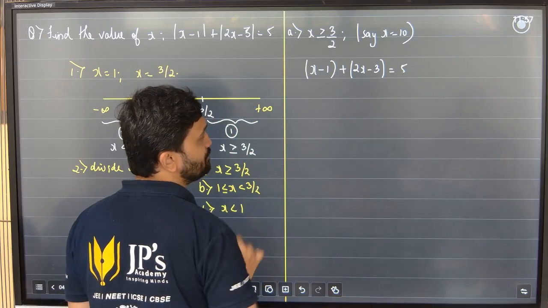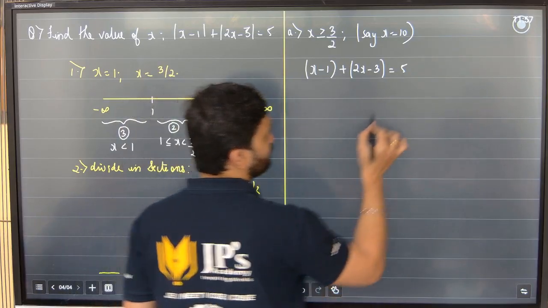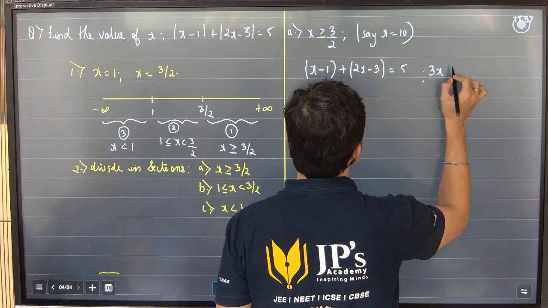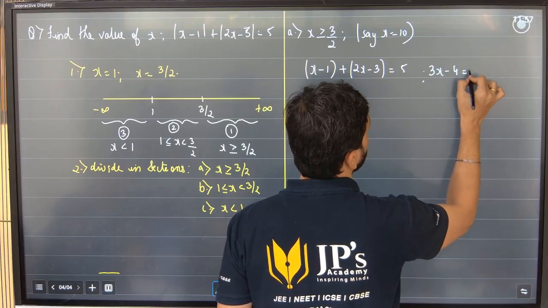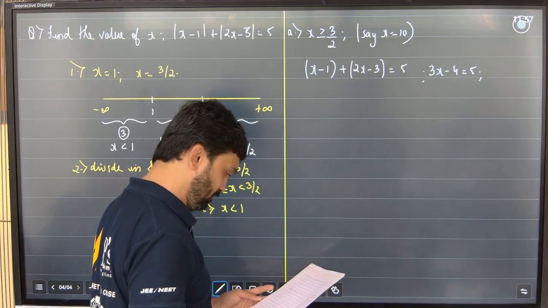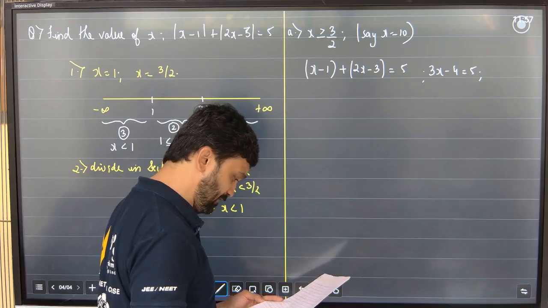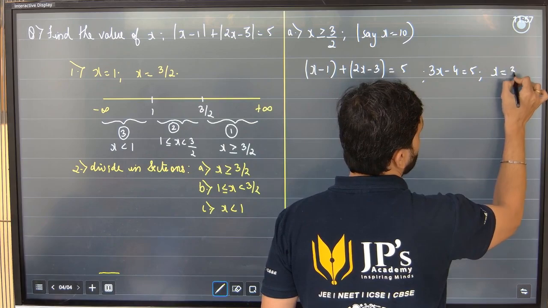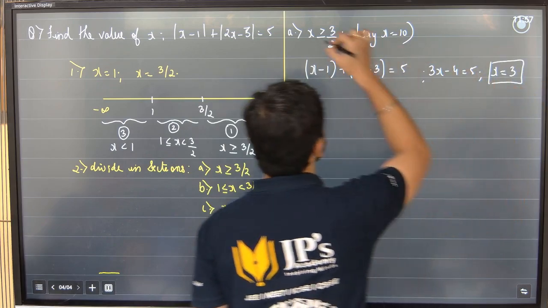Now guys, if I simplify this, I will get 3x minus 4 is equal to 5. And if 3x minus 4 is equal to 5, what is the value of x that I get? Therefore, I'll get x is equal to 3. Does x equal to 3 satisfy?